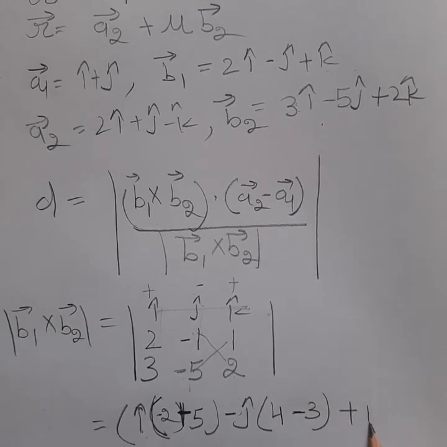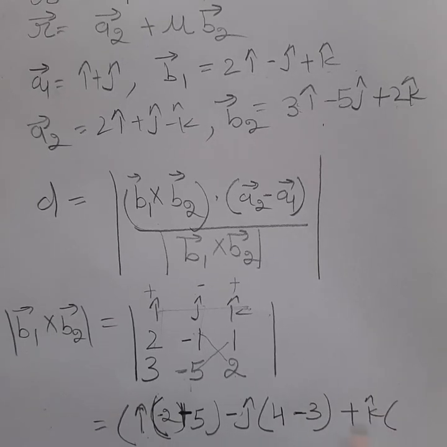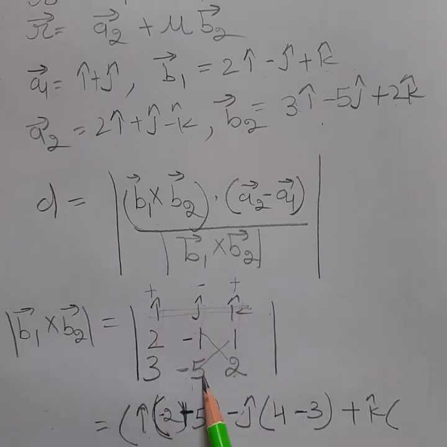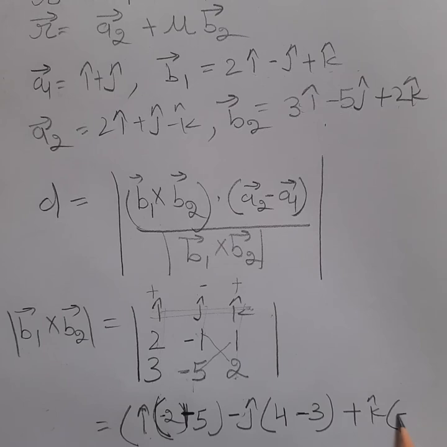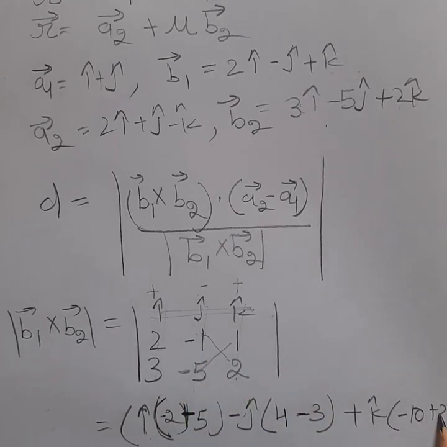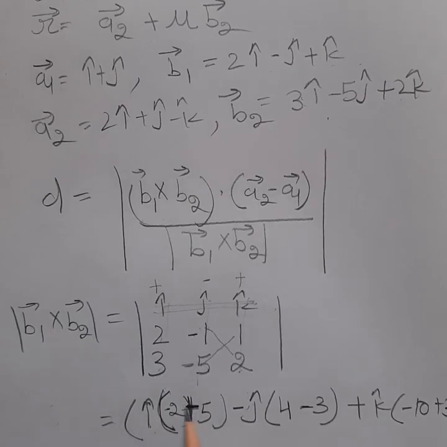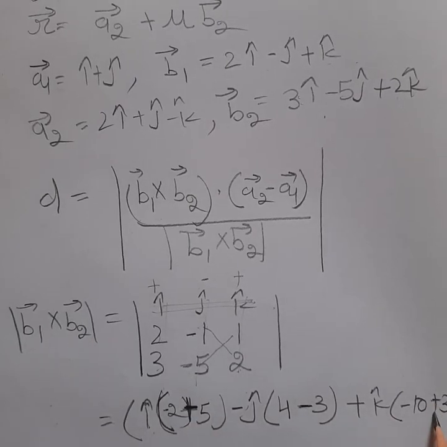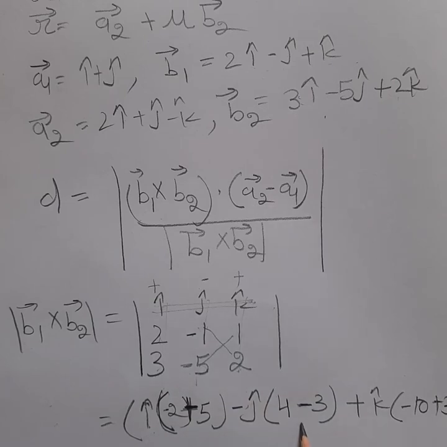Okay, now you have to write the component of k. Leave this row and the third column, multiply 2 by minus 5, you get minus 10, and minus minus is plus, then you get plus 3, because we write the minus sign every time when we are solving the determinant of 2 by 2 matrices.